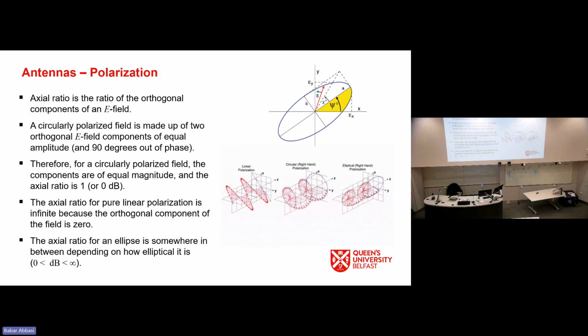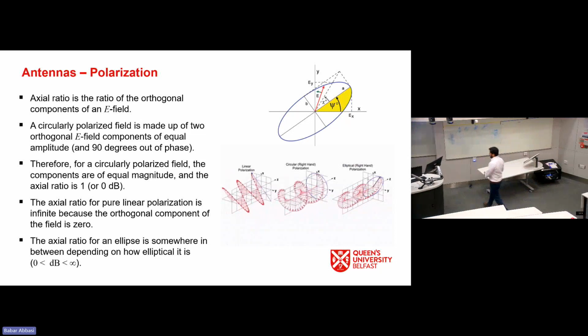So our axial ratio can go all the way from 1 to infinity, or in dB scale from 0 dB to infinity dB. And we like to say that if axial ratio is less than 3 dB, it means it's enough circular polarization for our application. So we don't try to achieve ideal conditions.